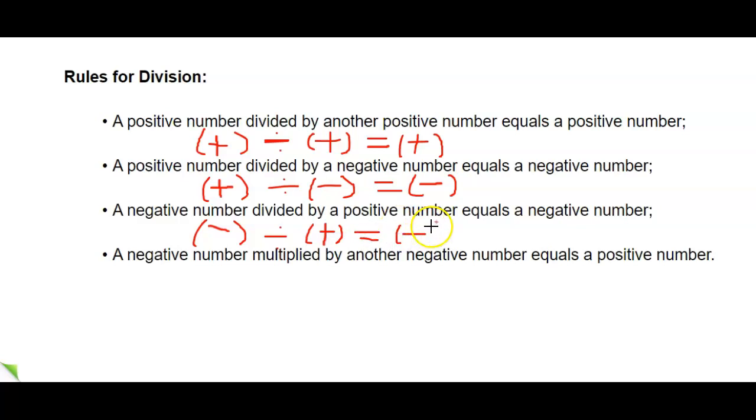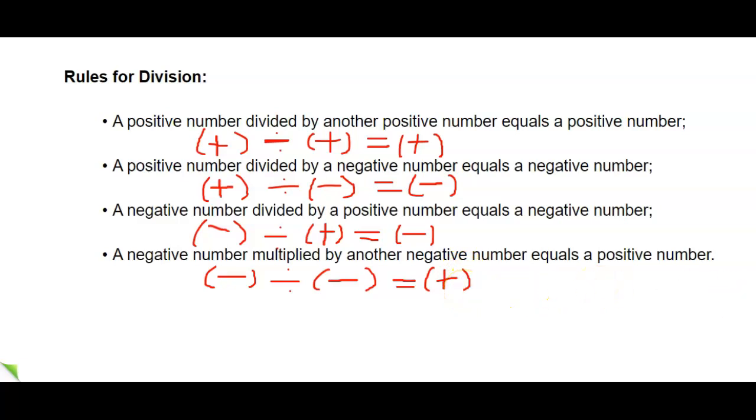And if you divide two negative numbers, you would get a positive number. So negative divided by negative would equal a positive. So it's very important that you remember those rules.